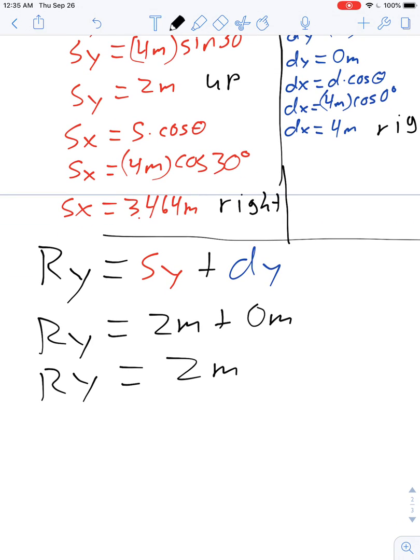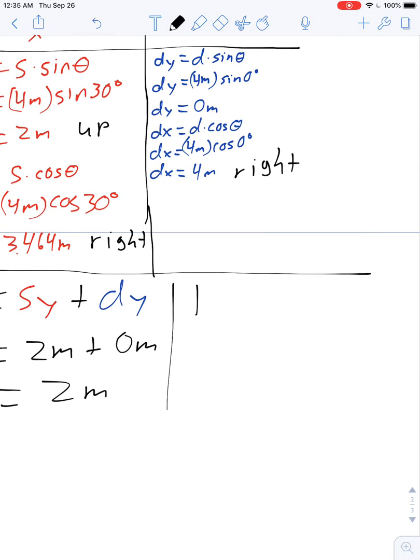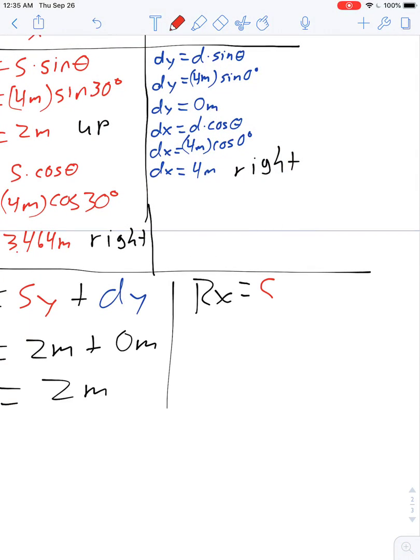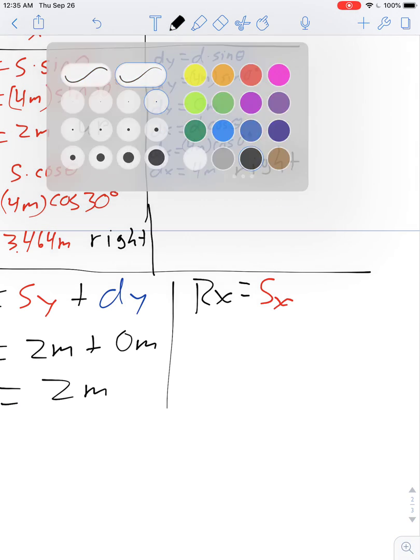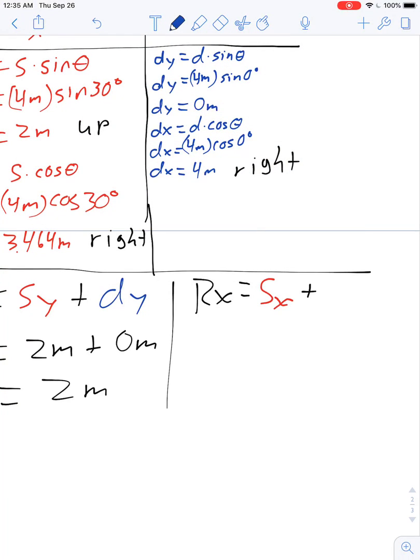Okay, same logic. I'm going to do the exact same thing for Rx. So Rx is just the sum of the horizontal component of S added to the horizontal component of D. So Sx plus Dx.